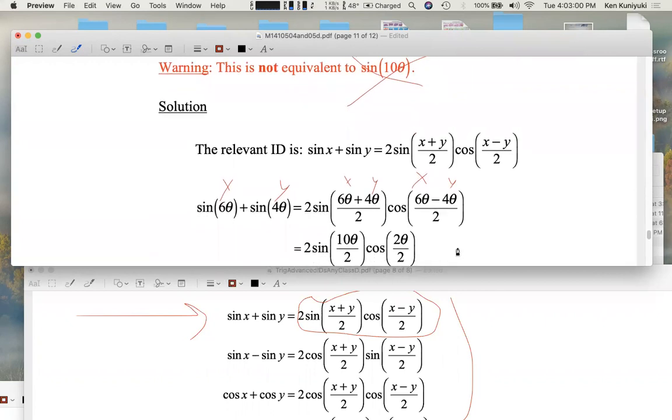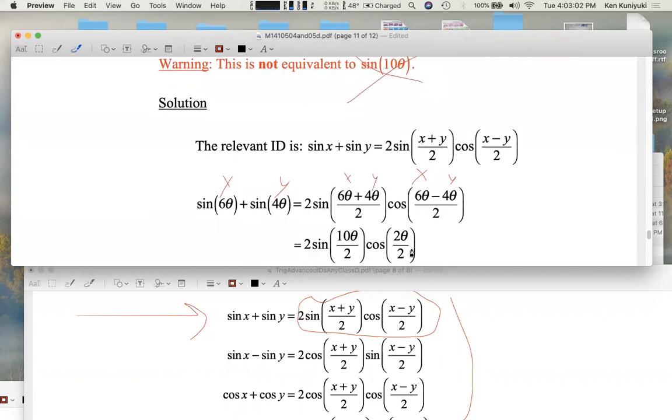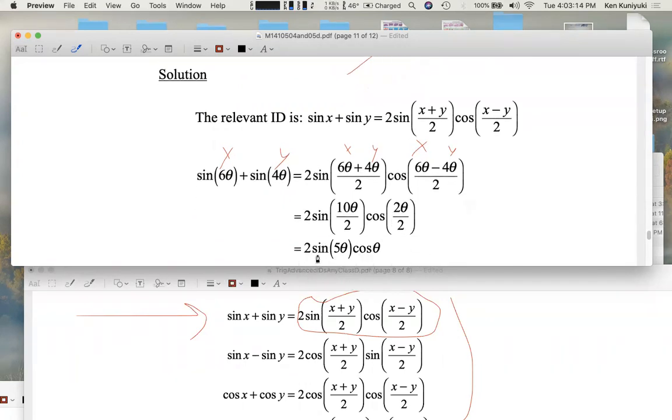We can start there. And then inside these arguments again, half of 10 theta is what? It's 5 theta. 2 theta over 2 is just theta. So we get 2 sine of 5 theta, cosine of theta. And that's about as good as you can get this if you're going to apply the sum to product identity.